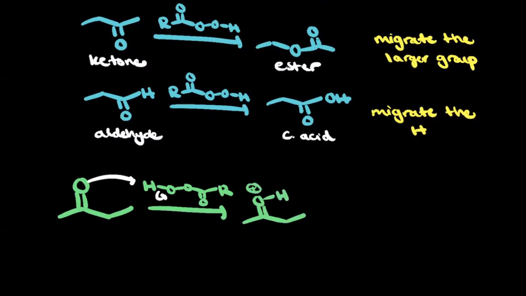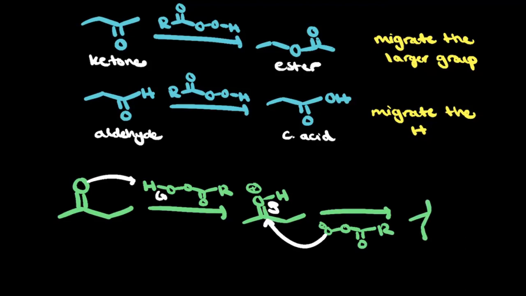Then you end up with this protonated intermediate where you can add in that deprotonated peroxy acid. All right, and then you'll end up with your intermediate, which looks like this.